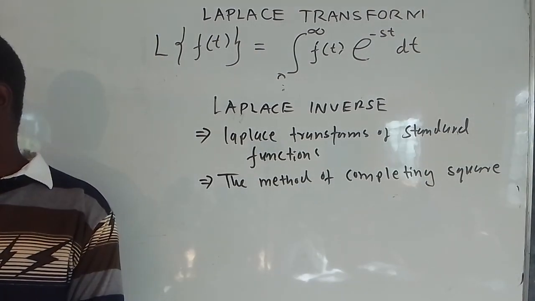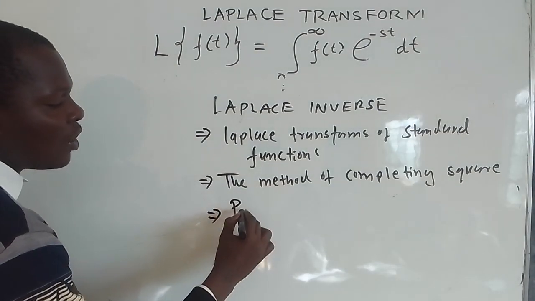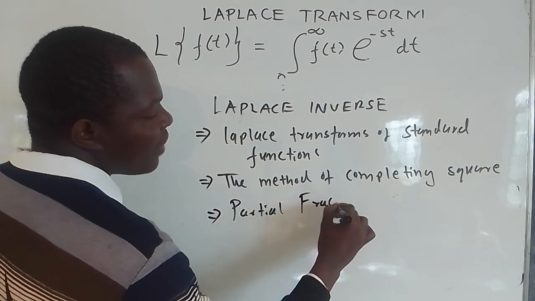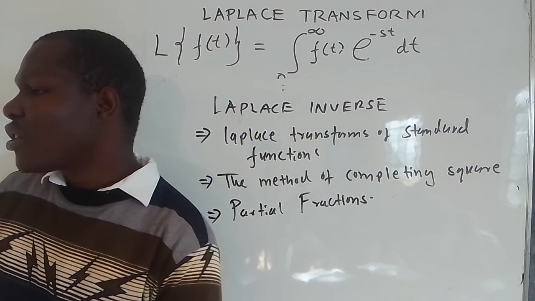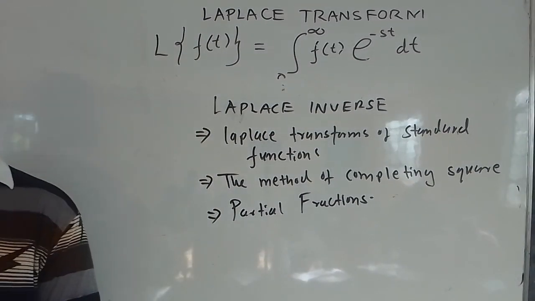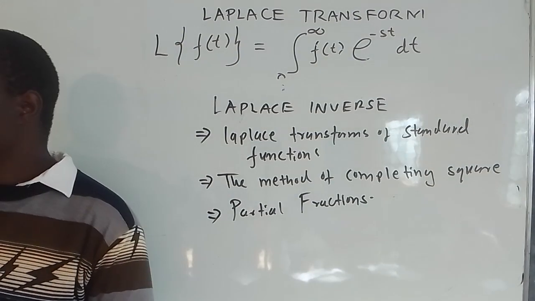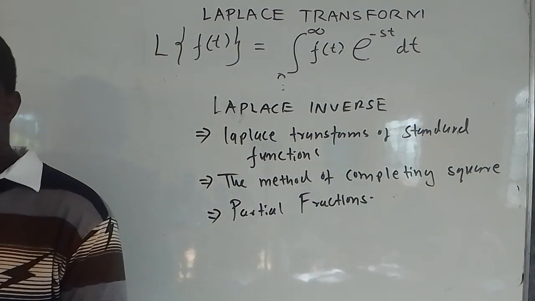So you will either use the method of completing the square or you will resolve into partial fractions. So you have to know how to resolve into partial fractions. If you have linear factors, you have to know how. If you have quadratic factors, you have to know how to resolve into partial fractions.